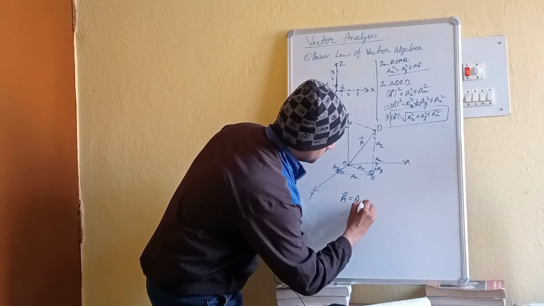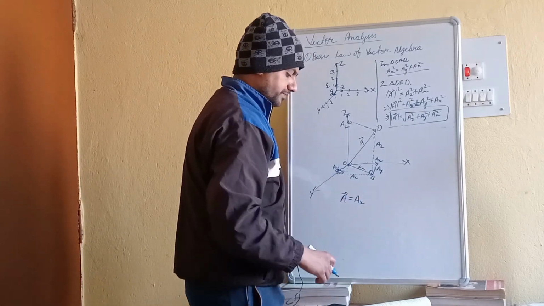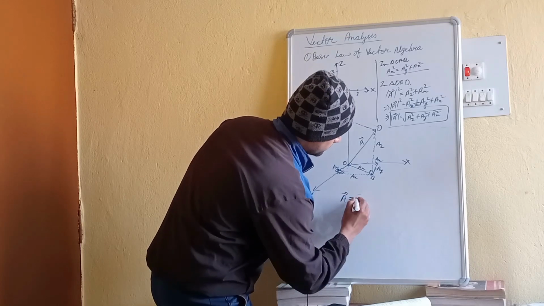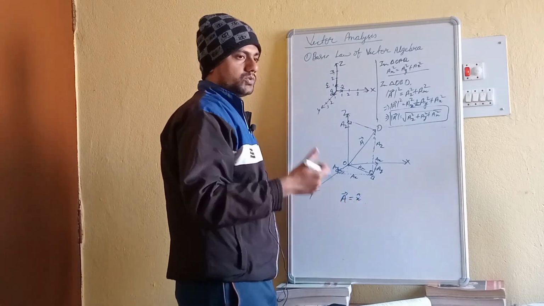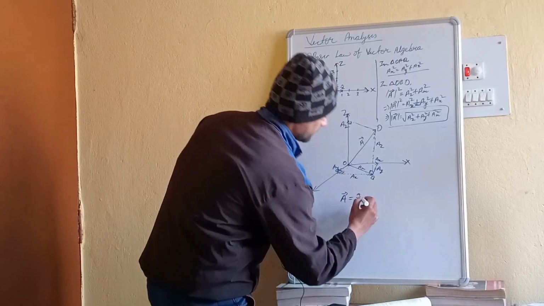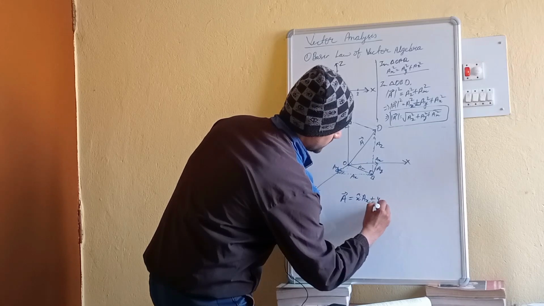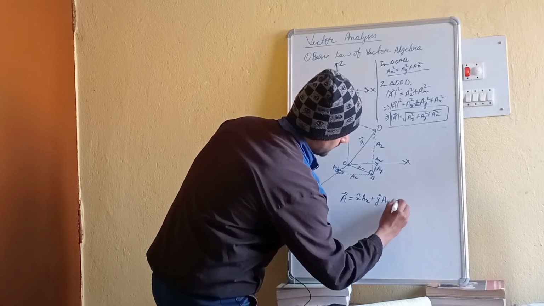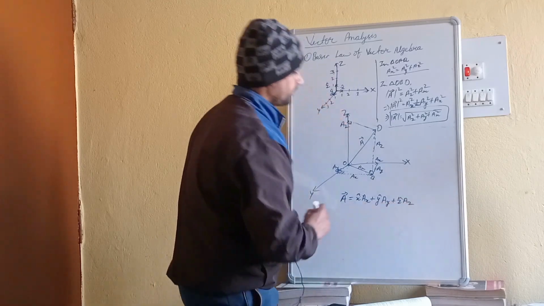ax, which means the component of vector A along the x-axis, and then there we have the x cap. It means unit vector. The unit vector is only to represent the direction. Then after that we have y cap with ay, and then z cap with az.